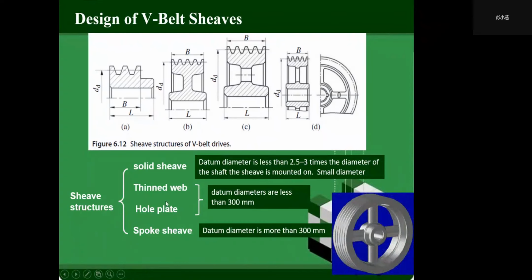So we choose the sieve structure according to the diameter. If the diameter is small, we choose solid sieve. If the diameter is less than 300, we choose thin web or whole plate sieve. If the datum diameter is more than 300, we choose spoke sieve.